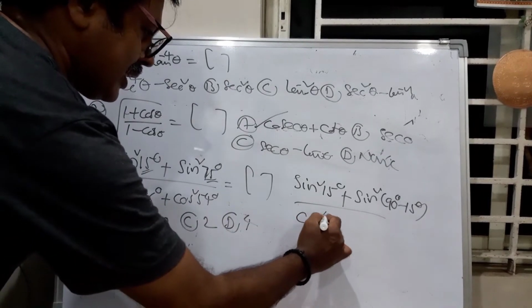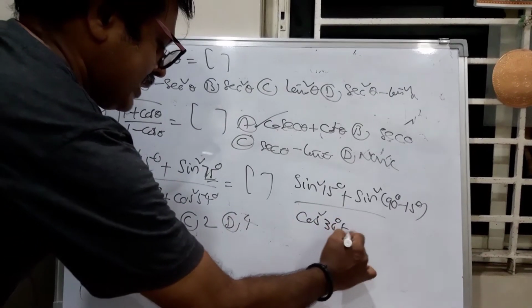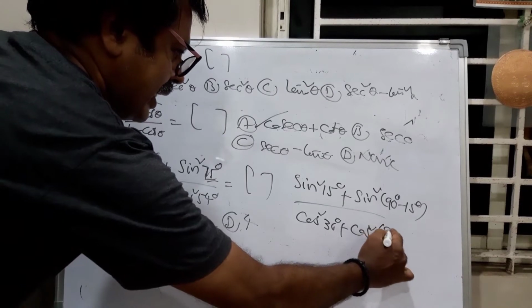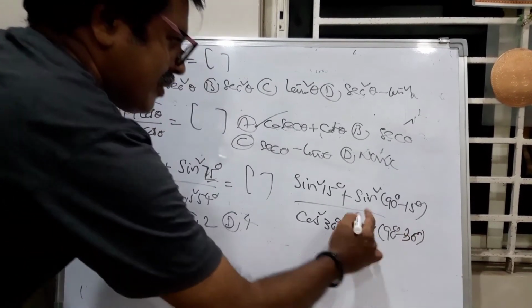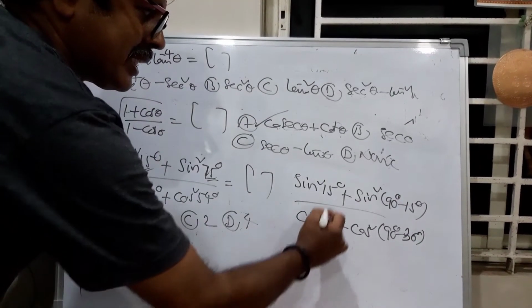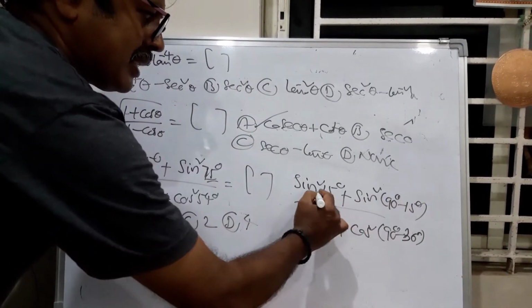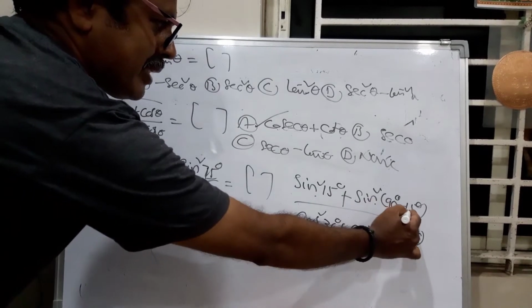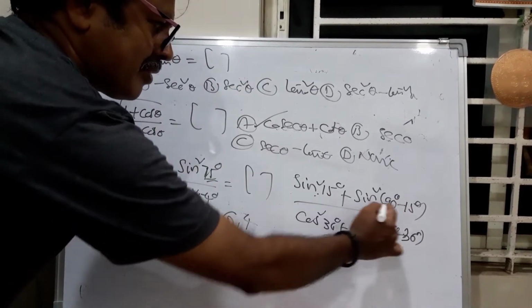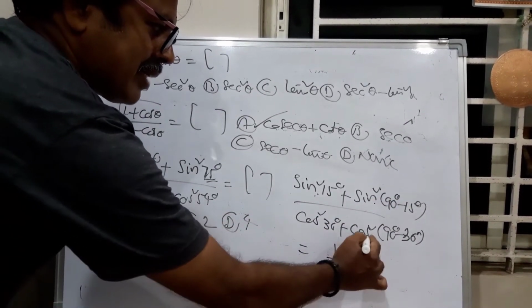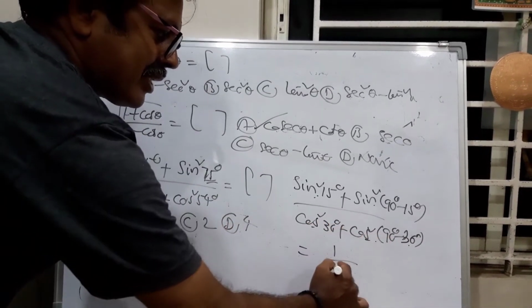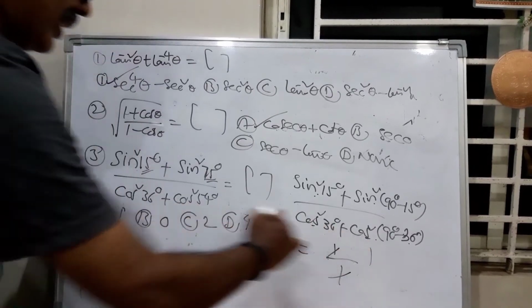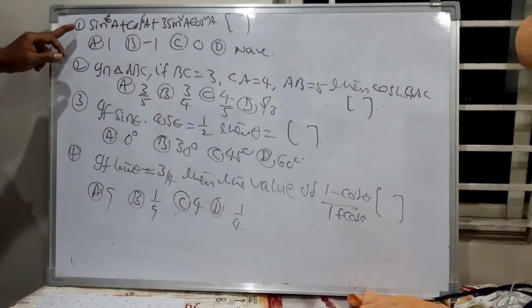Since sin 90 minus theta is equal to cos theta, sin square 15 plus cos square 15 is 1. Similarly, cos square 36 plus sin square 36 is also 1. So 1 by 1 is equal to 1. The option is A.